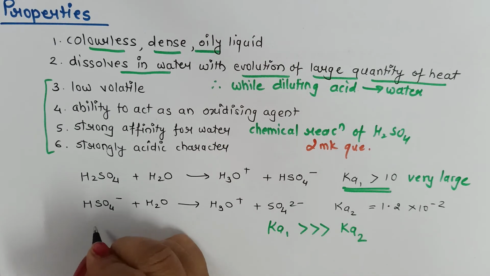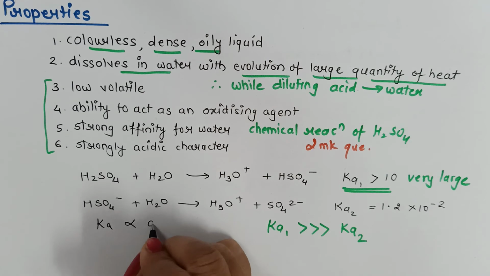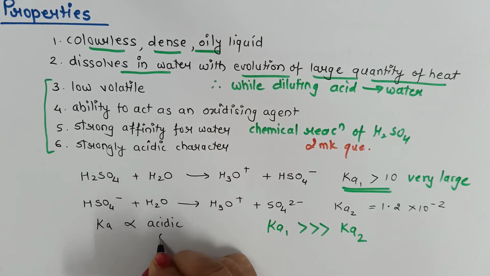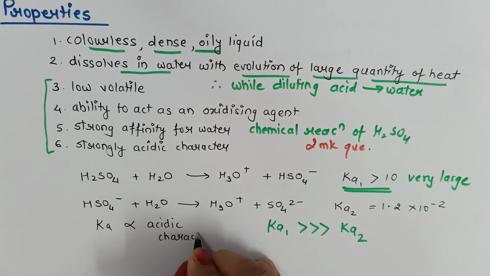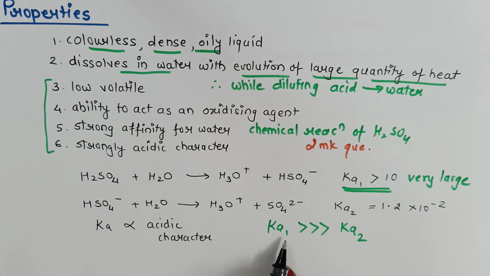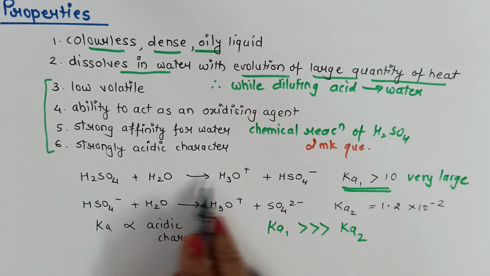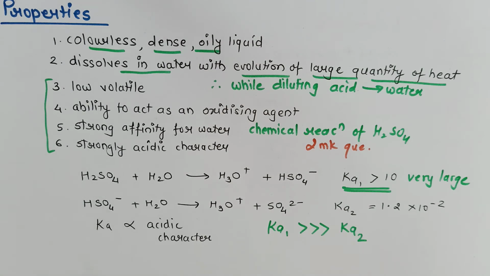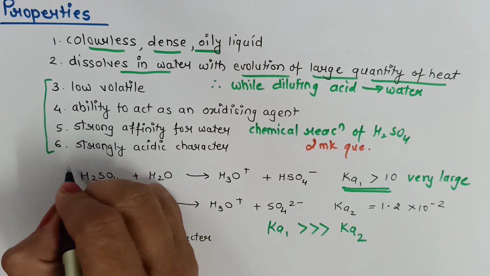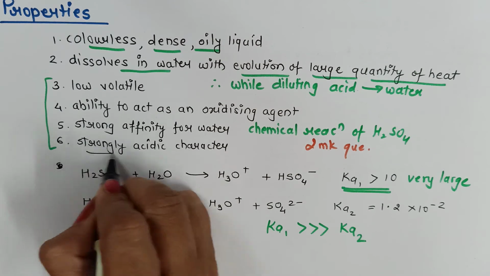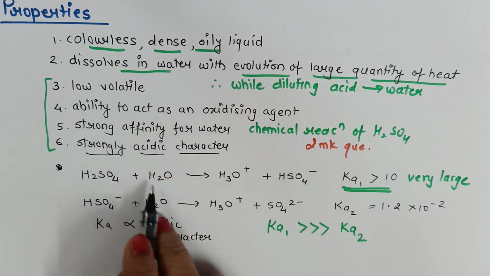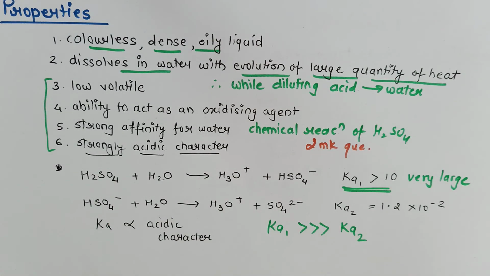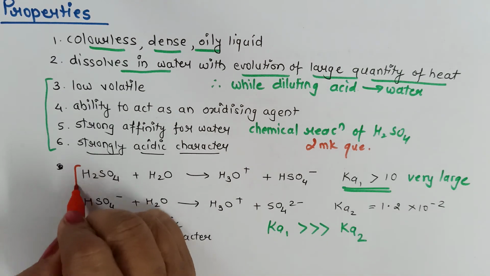We know the value of Ka is directly proportional to acidic character. Larger the value of Ka, stronger will be the acid, and Ka is very large in the first step, indicating the strong acidic character of sulfuric acid. This whole phenomenon.